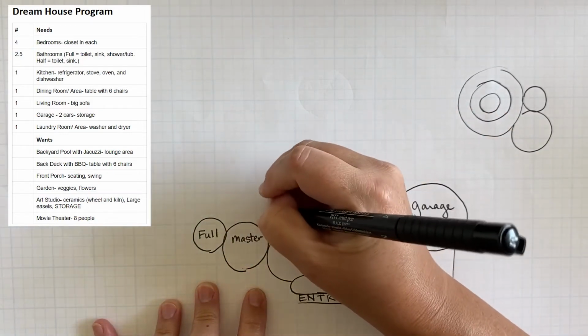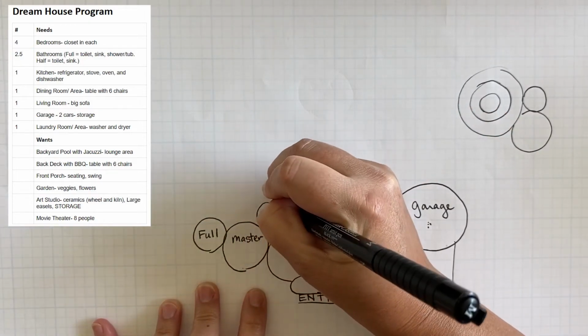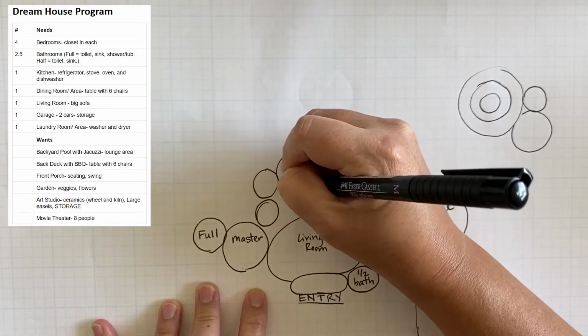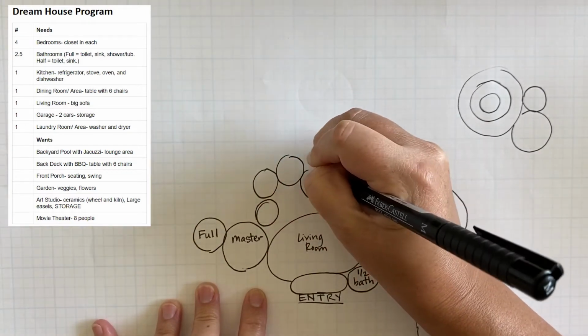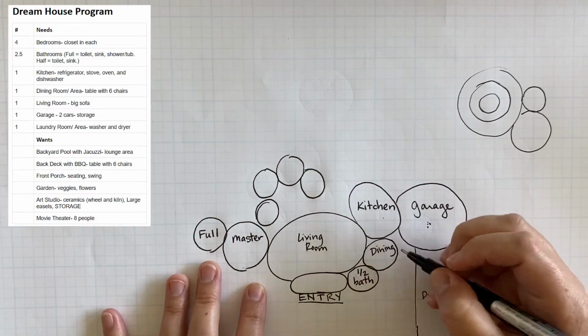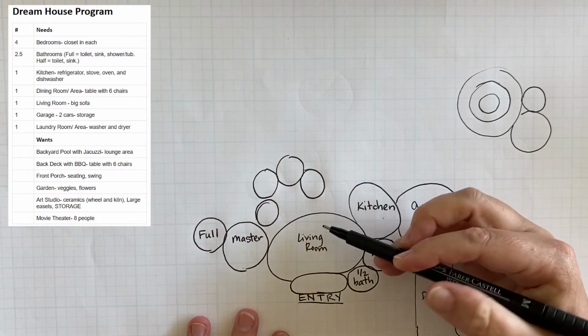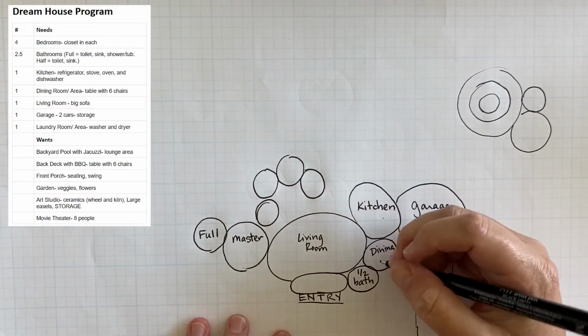So I'm going to put them off to the side right here. I don't want them super close to my living room for privacy reasons, but I also want it to be somewhat close to the living room so it's easily accessible.